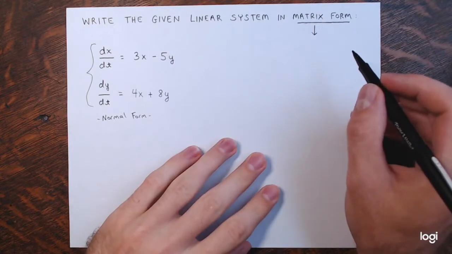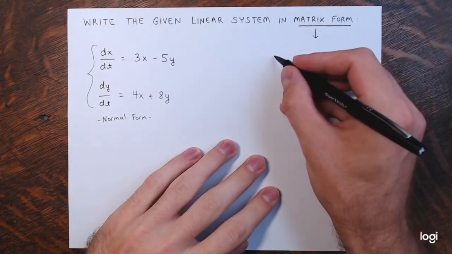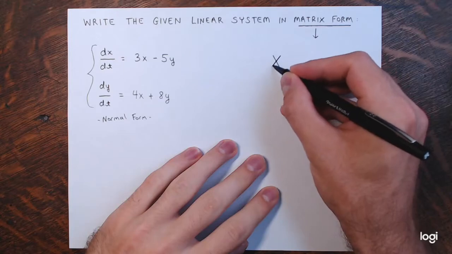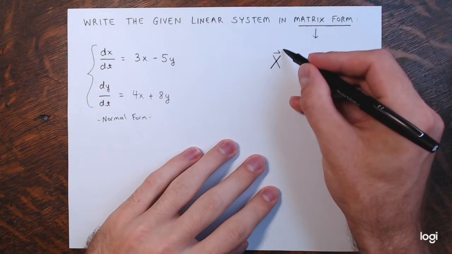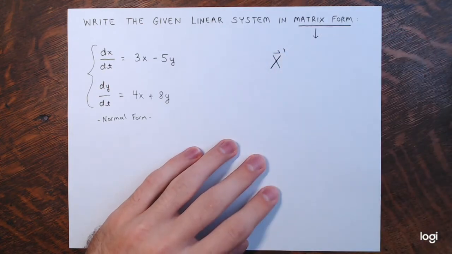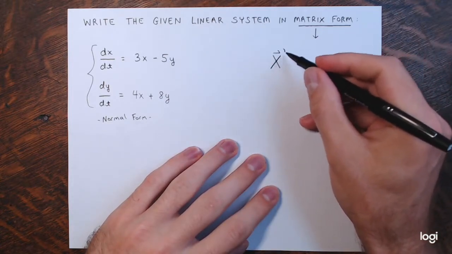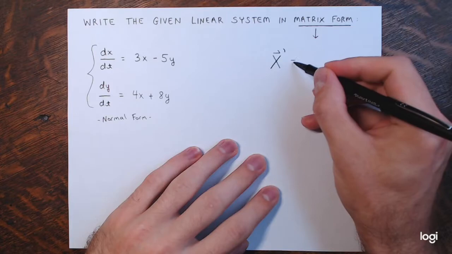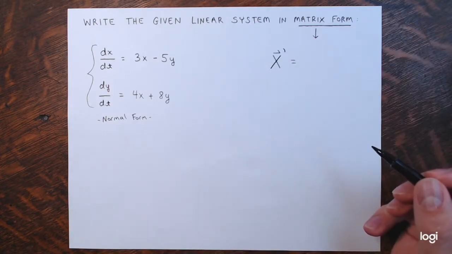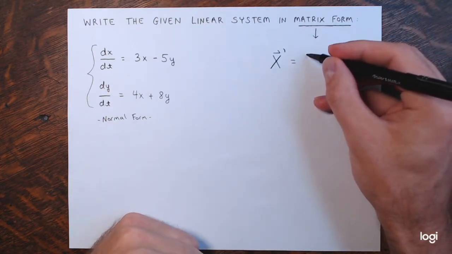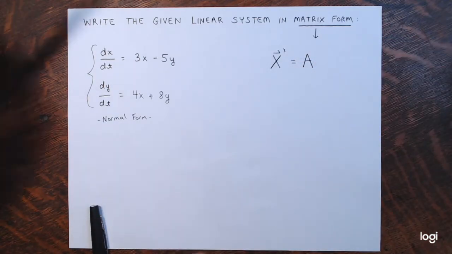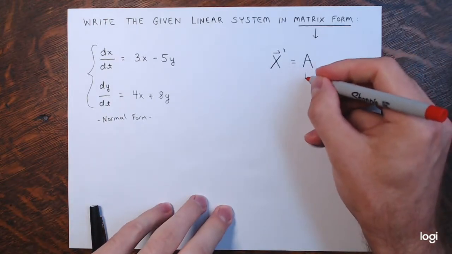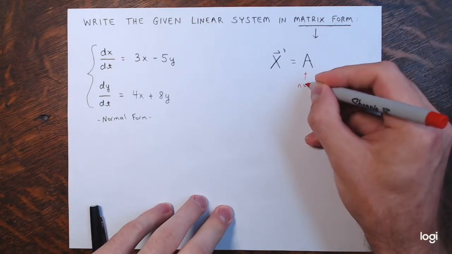Now matrix form looks like the following. On the left side I have a vector, a capital X with a little arrow, x prime, meaning the derivatives of the components of vector x, which I'll get into in a second, equals some matrix A, an n by n square matrix.